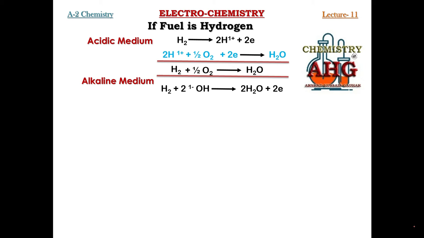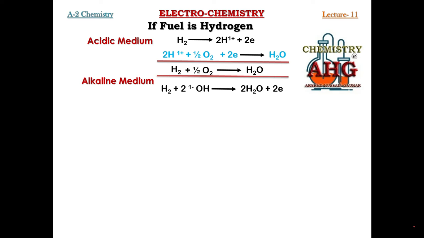So I think it's very simple to understand what has happened. Simply look at the first equation that I have written in the acidic medium. The H2 molecule has been oxidized to H ion, but the H ions are quickly neutralized by the OH ion since the medium is alkaline in this case. So 2 H ion plus 2 OH ion have produced 2 mole of water by the loss of 2 mole of electron. So this is the slightly different equation at anode.